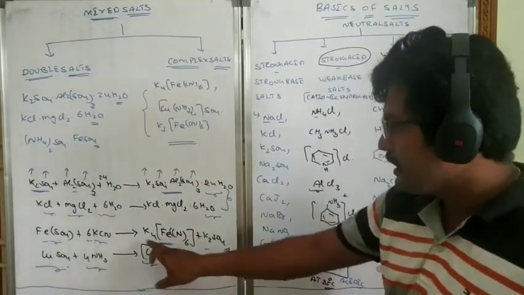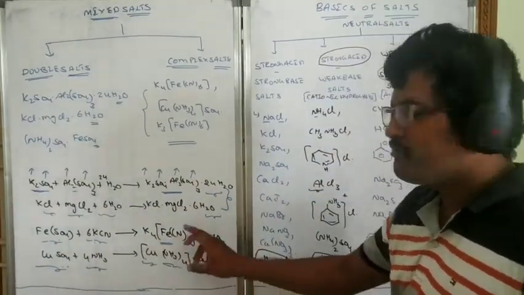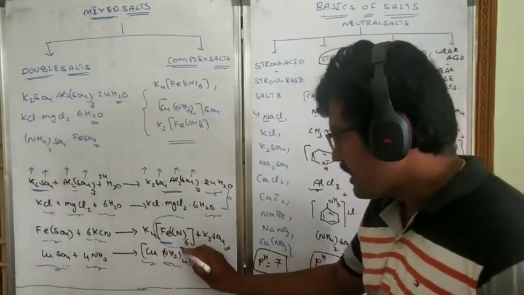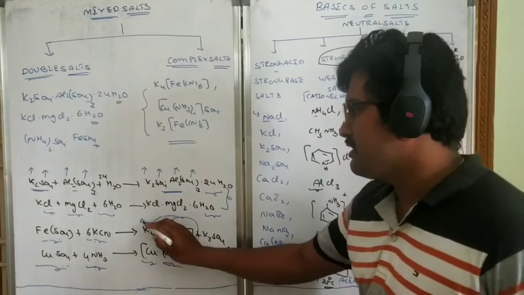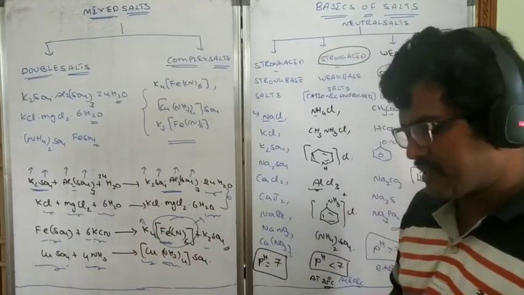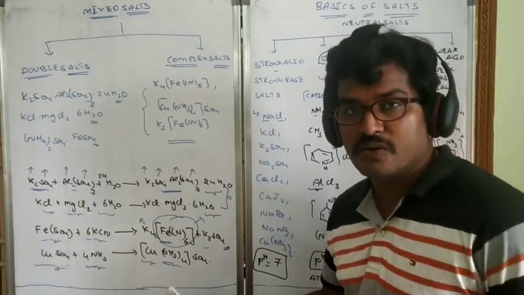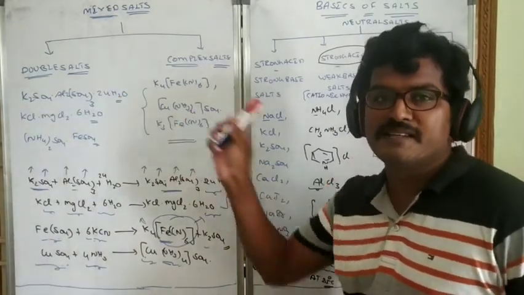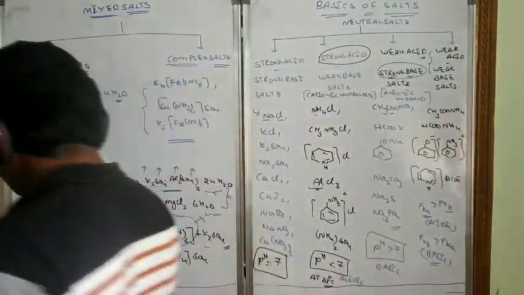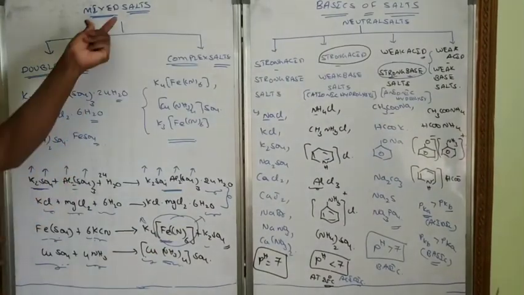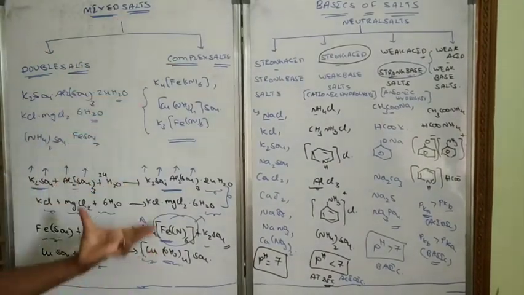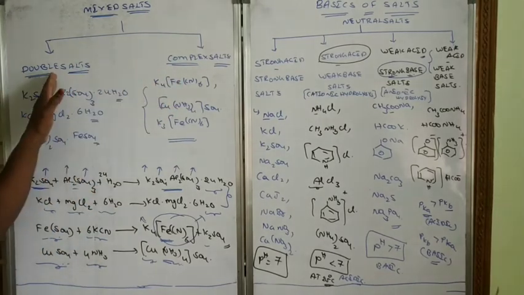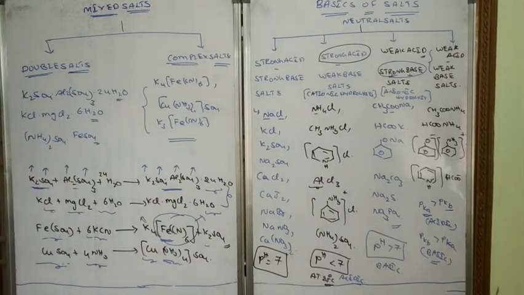You will get only potassium ions and ferrocyanide. This total will come out in the form of an ion. That's why this is a different ion. So this kind of salts are known as complex salts. So that is about the mixed salts. Mixed salts means salts formed by combination of two or more salts, and they are divided into two categories, double salts and complex salts.